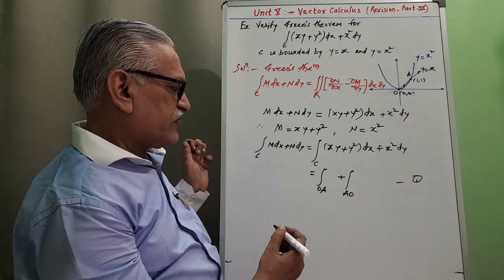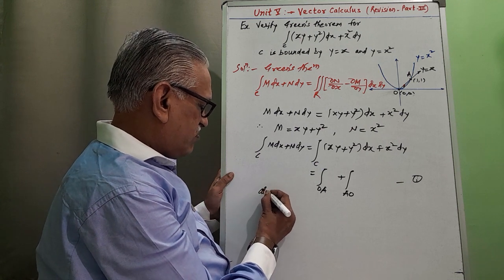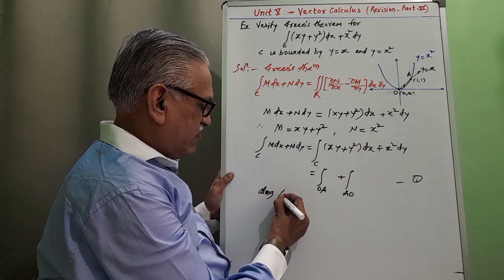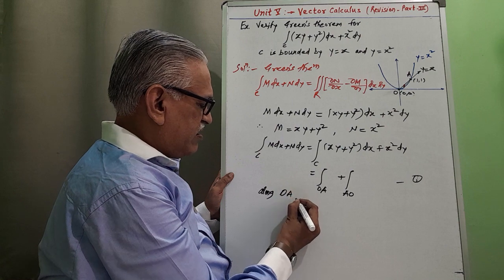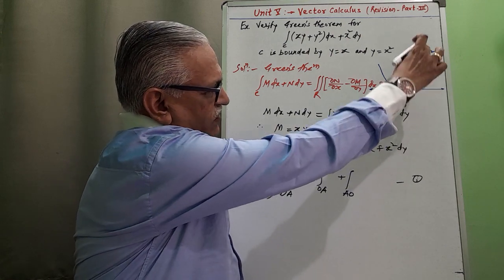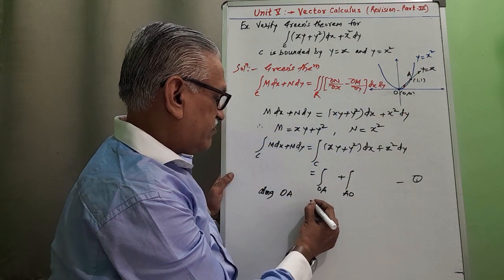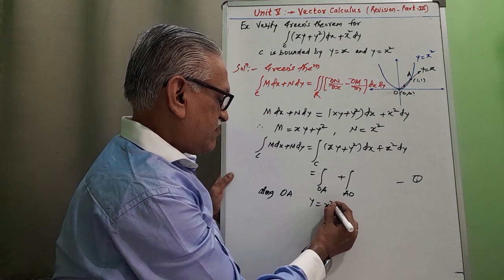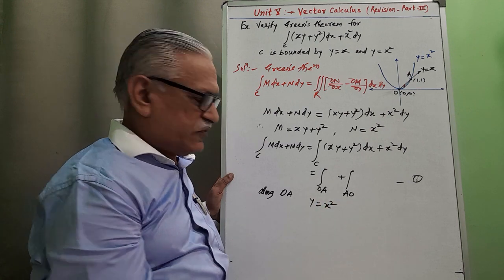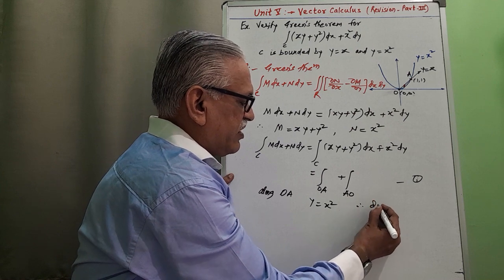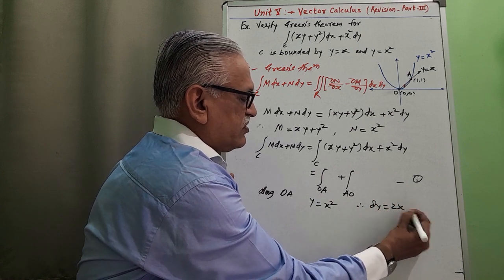Therefore, along OA, the equation of the curve is y = x². Differentiating with respect to x, we get dy = 2x dx.